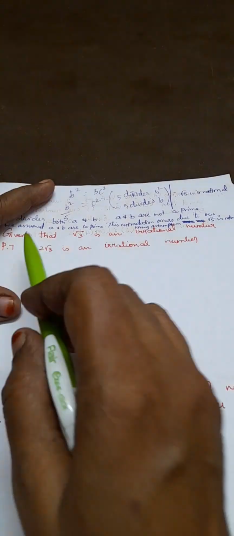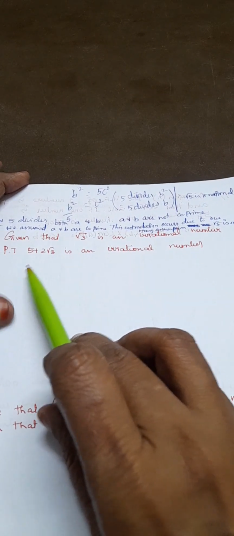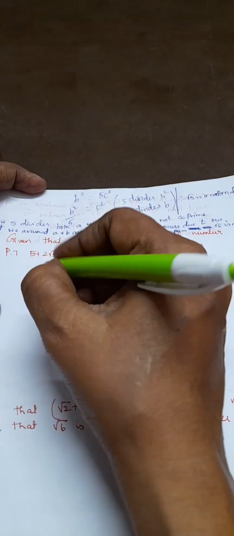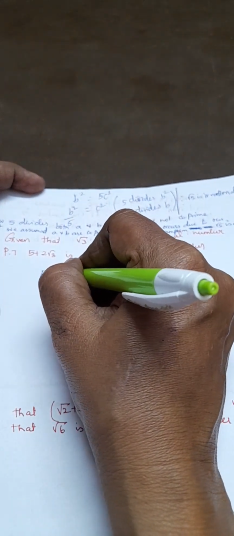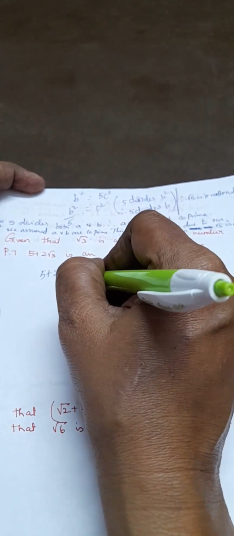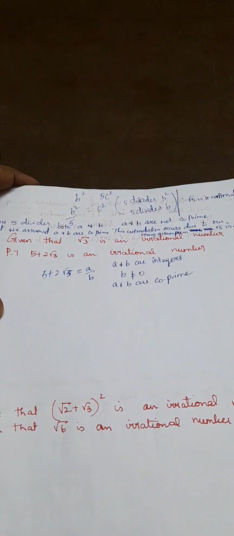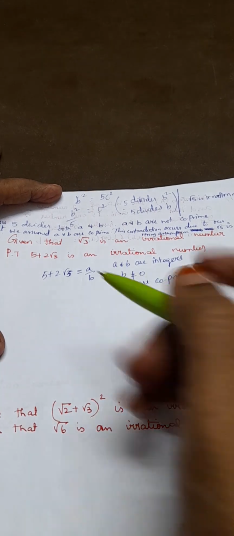Next problem: given that root 3 is an irrational number, prove that 5 plus 2 root 3 is an irrational number. This can be solved in two ways, right? First, you take 5 plus 2 root 3 equal to a by b, where a and b are integers, b is not equal to 0, a and b are co-prime.